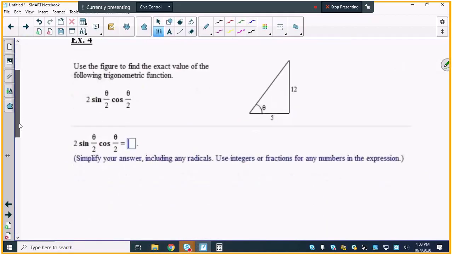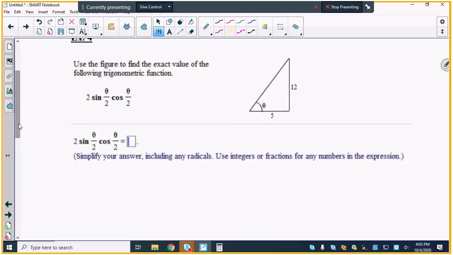Now we have a triangle given, we have a formula given, and we are going to use the figure to find the exact trigonometric ratio. So remember, this time the formula means the double angle formula for sine. So this is sine 2 times theta over 2, which is sine of theta. And sine of theta, I need the hypotenuse.